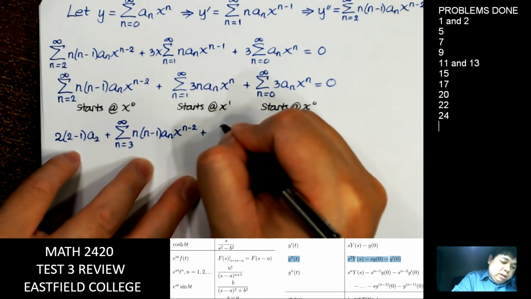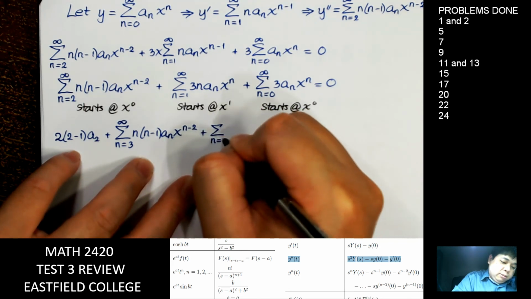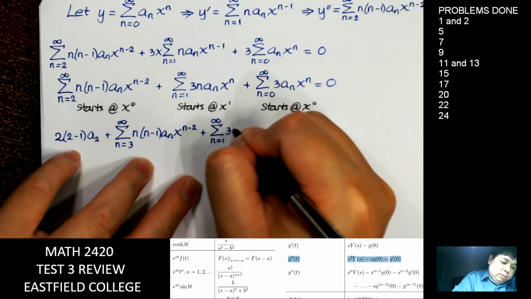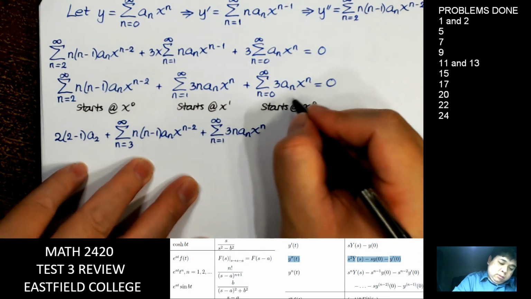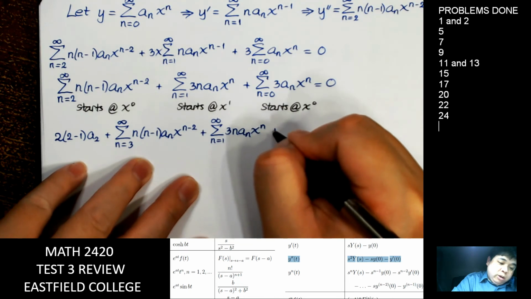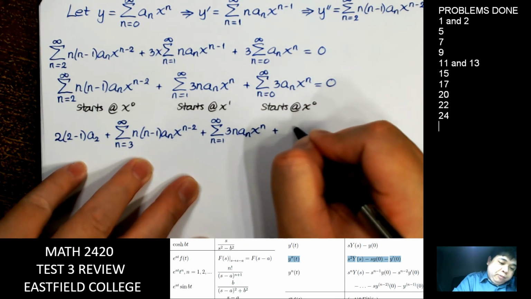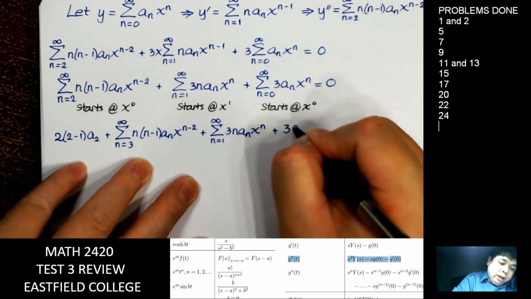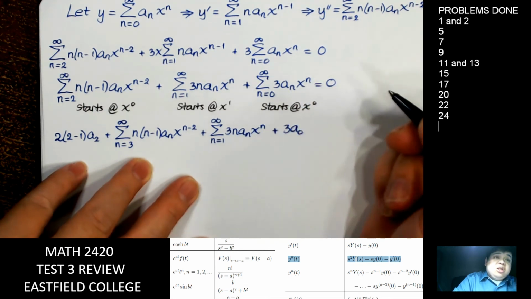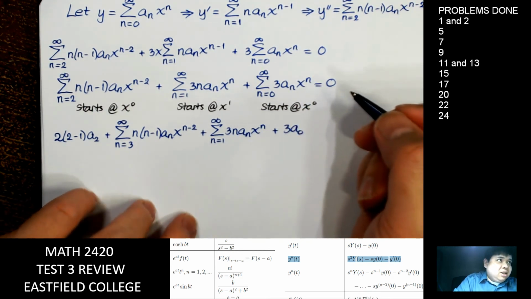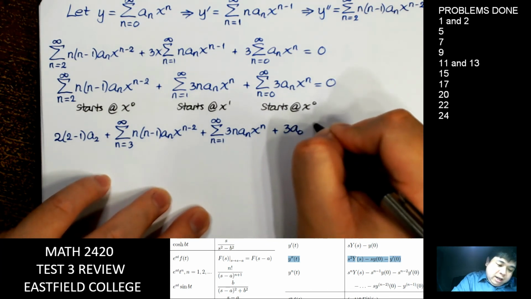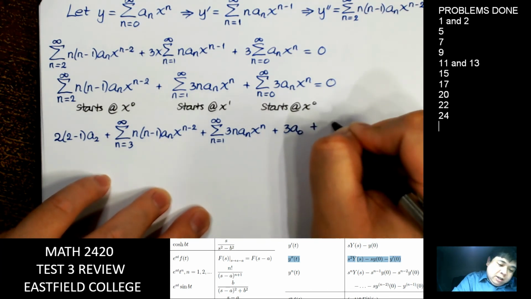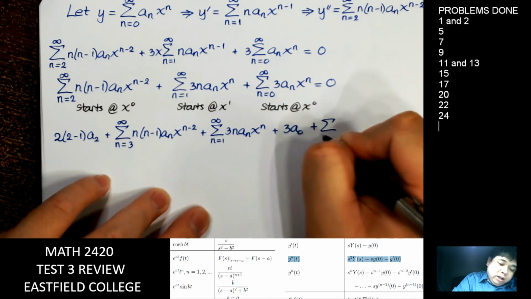The next series will be the same. We have to split this as well. Put 0 in here. We have 3 a of 0, x to the 0 power. Obviously it's just that. And then the summation that goes from 1.